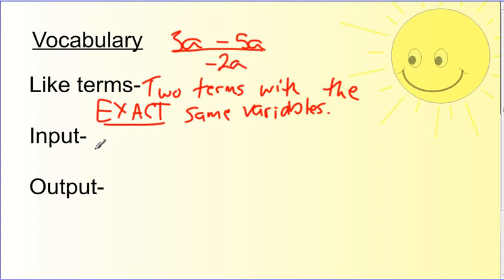Input and output. This goes back to, I think, chapter 1, talking about functions. The input is what goes into the function. It's called the domain. So input goes into a function. Another name is called the domain of the function.